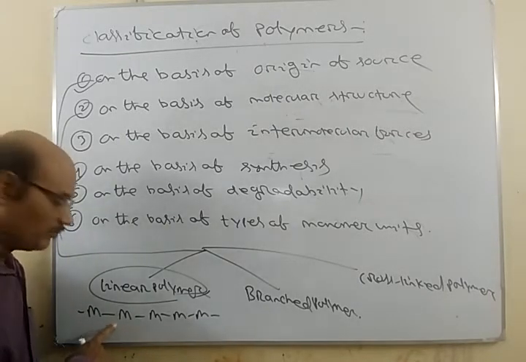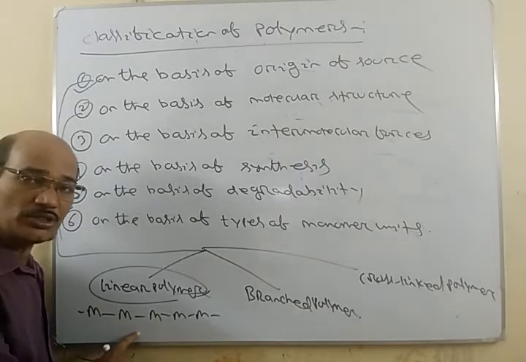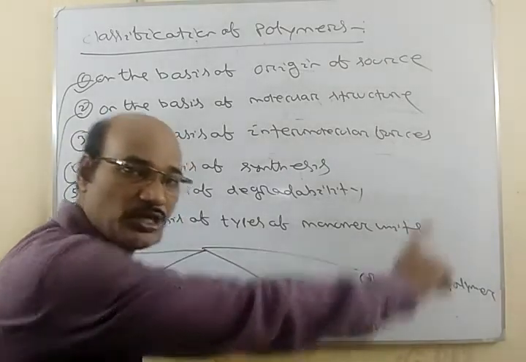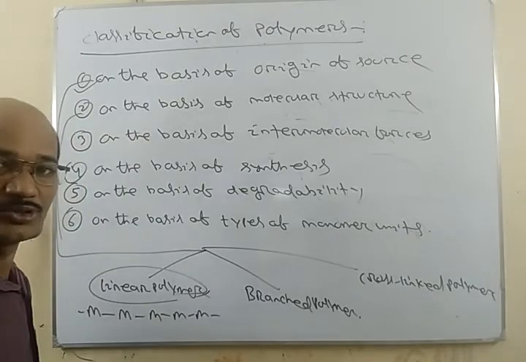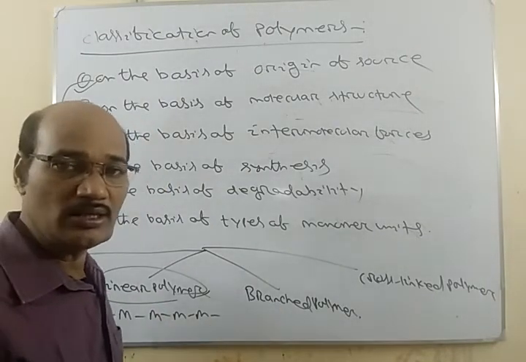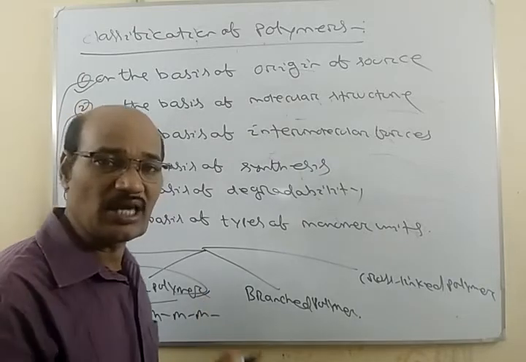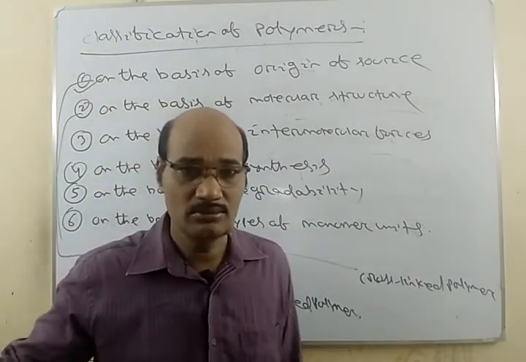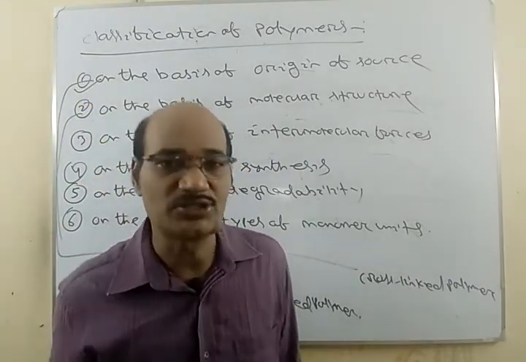That is, the monomer units are joined together to form a long straight chain of monomers. Now branched polymer. Here the polymer has a straight chain as well as a branch chain.